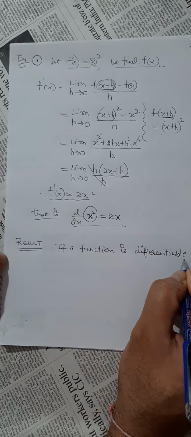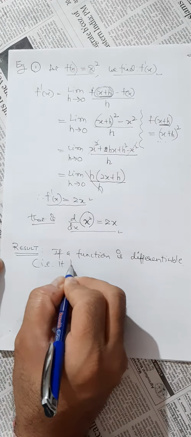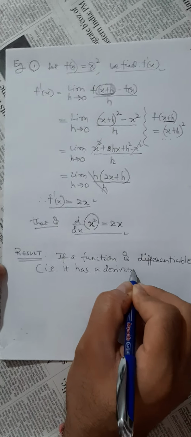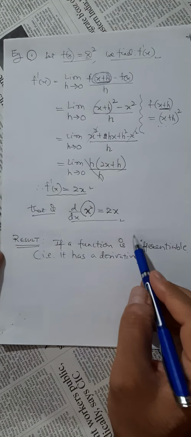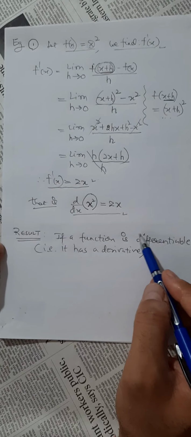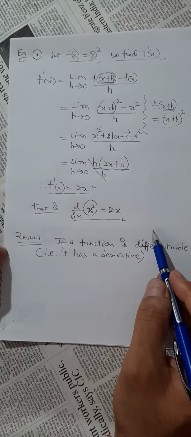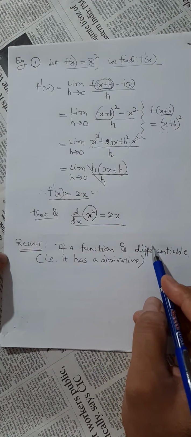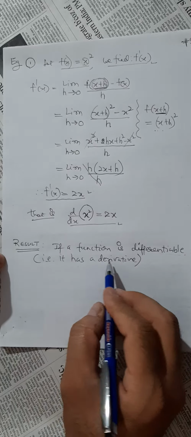It has a derivative. Like x square is a differentiable function because x square has a derivative. Sine has a derivative, therefore it is a differentiable function. Cos has a derivative. All trigonometric functions are differentiable. A constant function is differentiable because it has a derivative. Differentiable means it has a derivative.